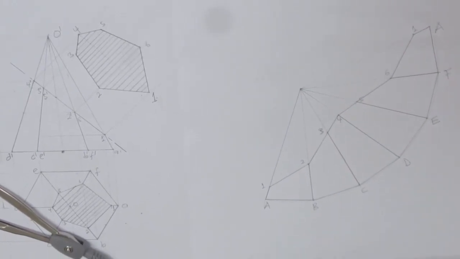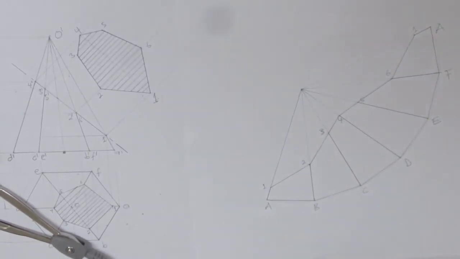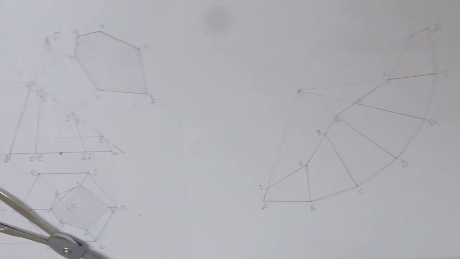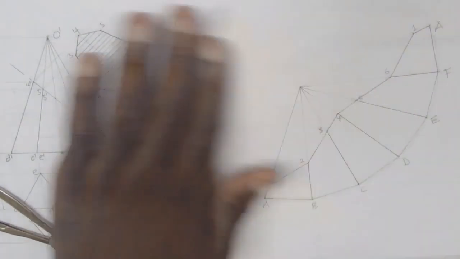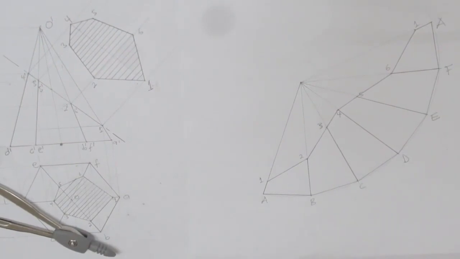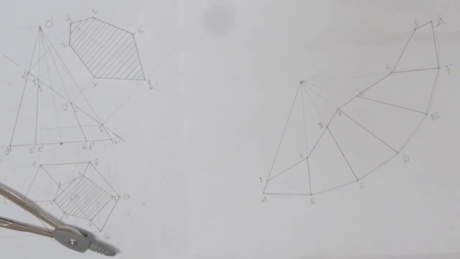The next thing is to add the base. So assuming the base is closed, we need to draw a hexagon attached to the development to indicate the base. So we will decide where we want to place that hexagon, and it should be a regular hexagon.